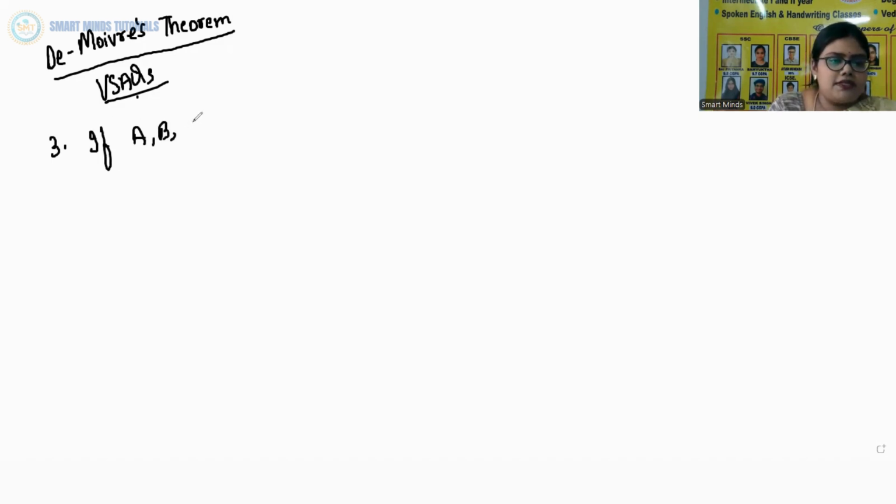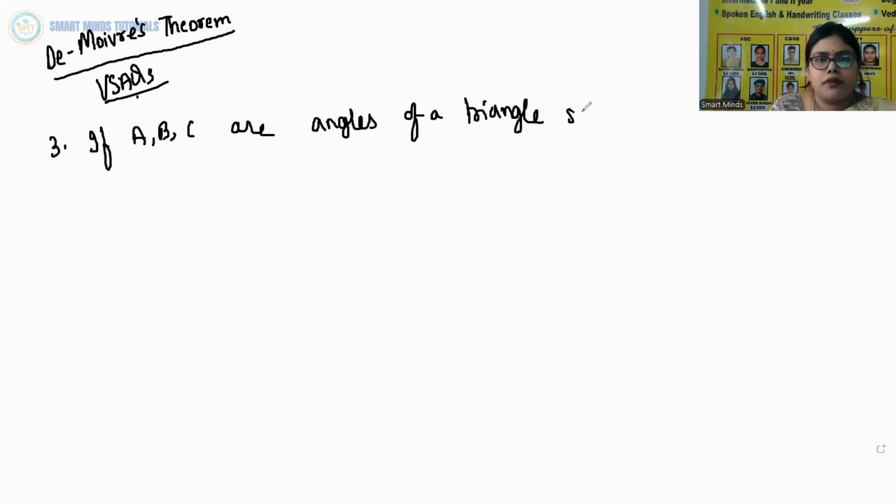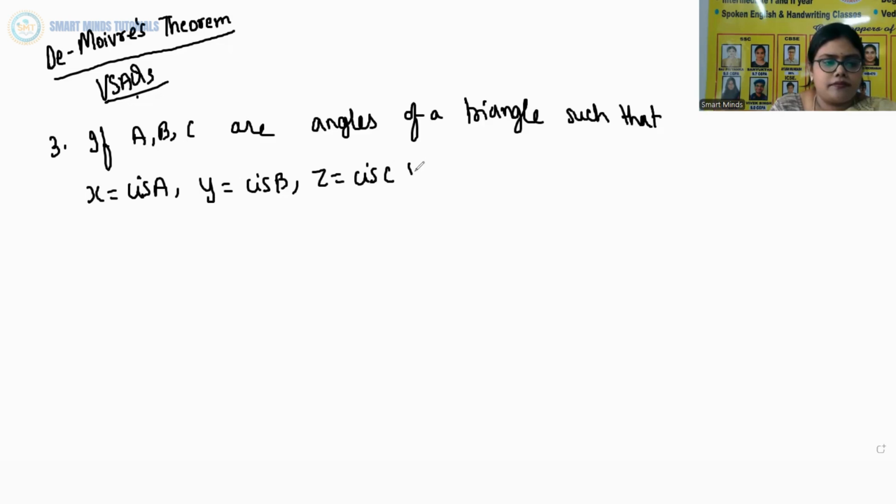If A, B, C are angles of a triangle such that x is equal to cis A, y is equal to cis B, z is equal to cis C, then find the value of xyz.